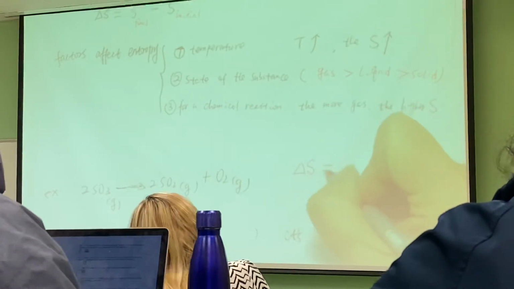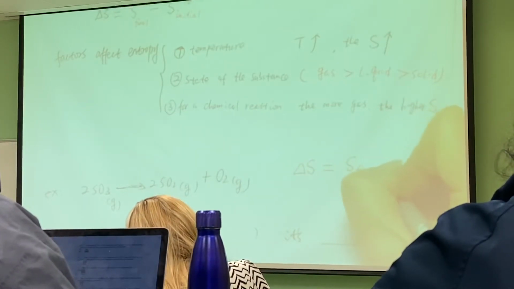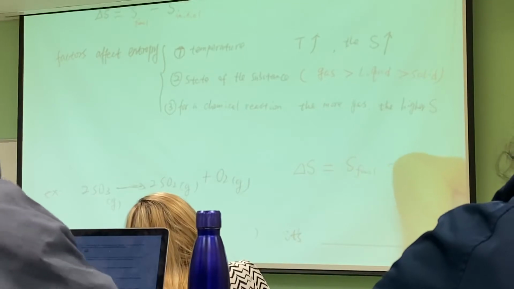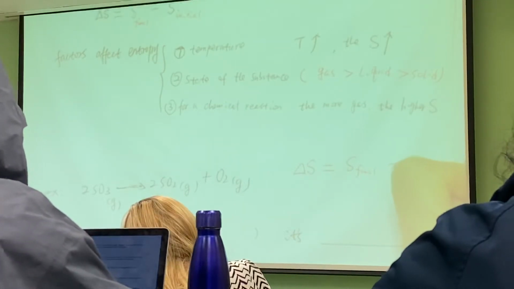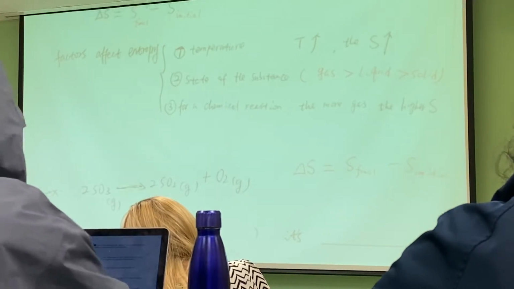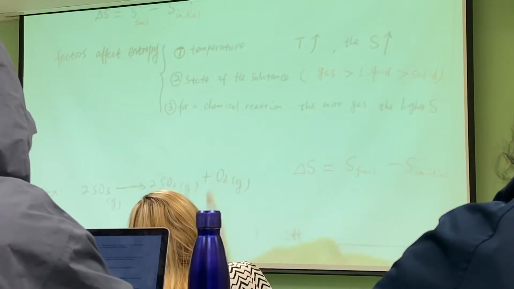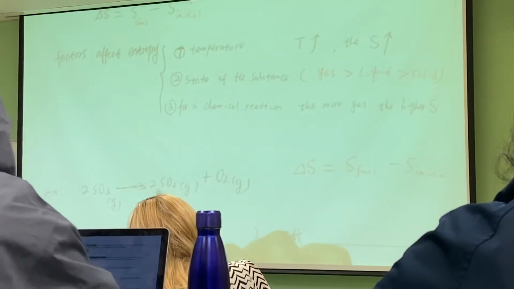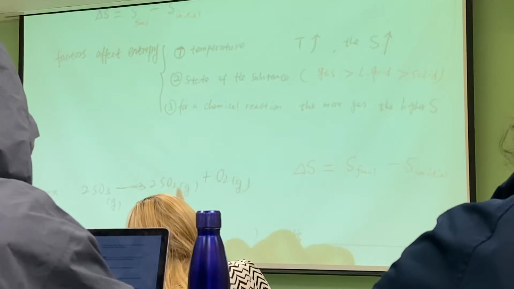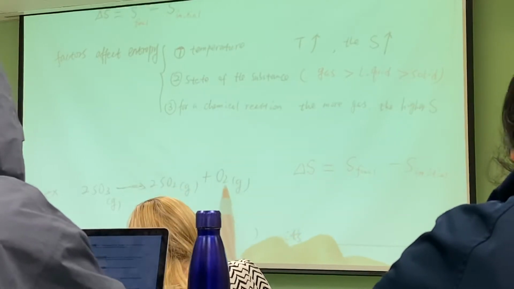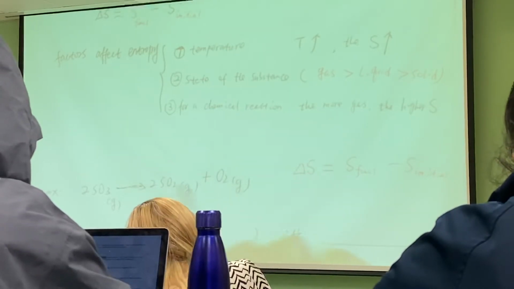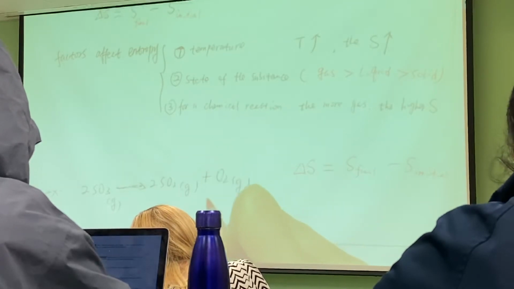So first, delta S equal to S final minus S initial, right? S final means everything. So for S final you get 2 sulfur dioxide and 1 oxygen. They are both gas. So 2 plus 1, you get 3 gas, right?